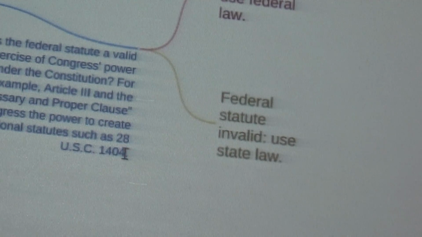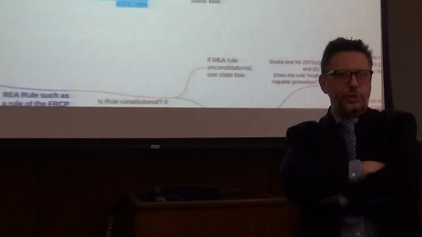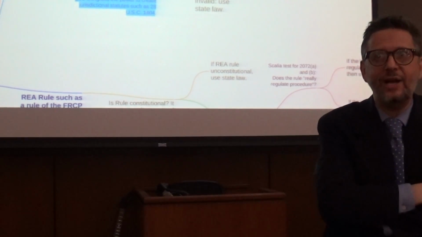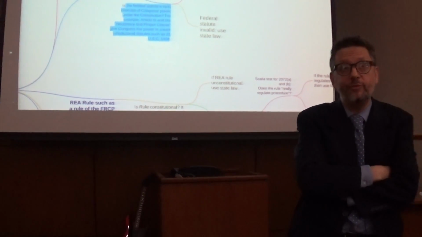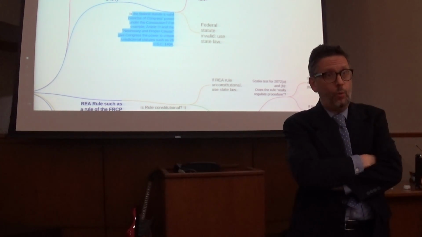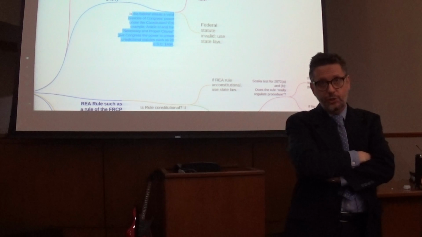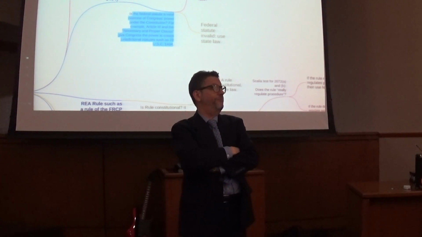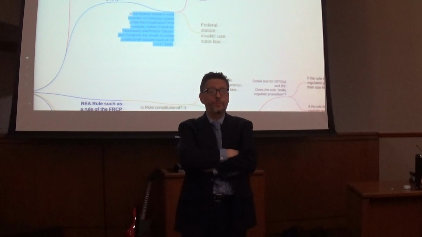In doing this analysis, all you have to do is the arguably procedural, ergo constitutional part of Hanna Part 1. Remember, Hanna Part 1 is actually about FRCP versus state law, right? What if it's a statute versus state law? Well, a statute is constitutional so long as it satisfies the Constitution, a valid exercise of Congress's power.